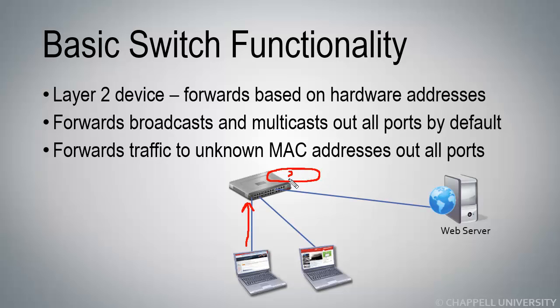And if it doesn't know the MAC address, it will treat it just like a broadcast or multicast. It will send it out all ports hoping to discover a target that uses that MAC address.